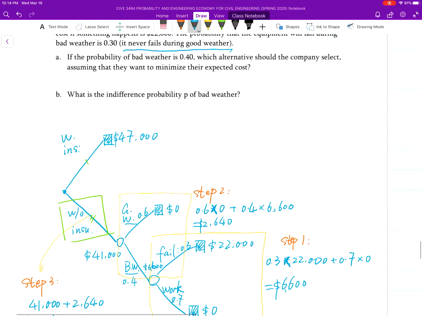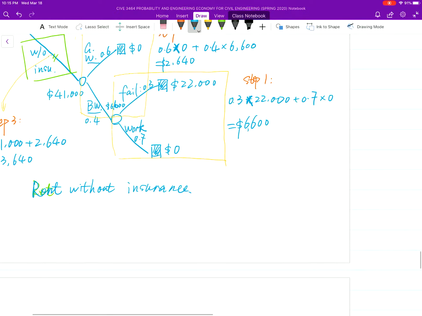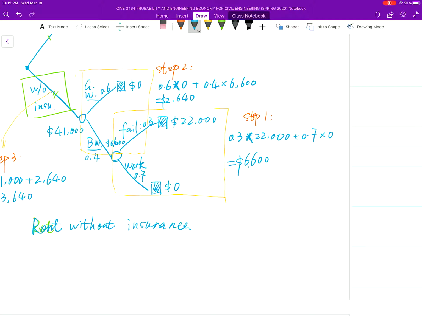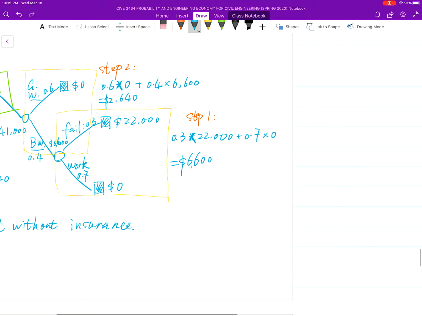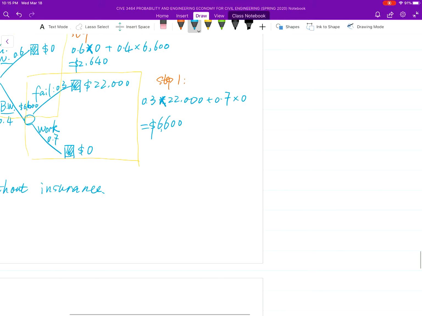For the second step, what is the indifference probability of bad weather? Before it's 0.4. Right now, we want to change the probability for bad weather. So this choice 2, lease without insurance, actually equals choice 1, lease with insurance. In that case, nothing changed for step 1, because fail or work, the probability doesn't change, right?